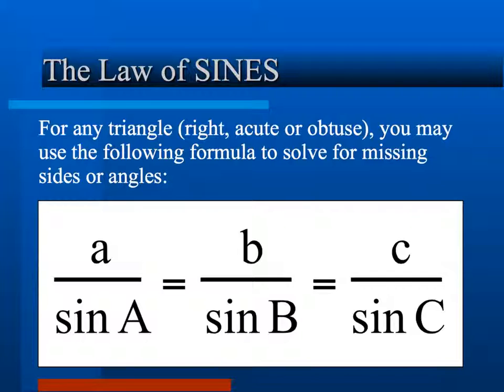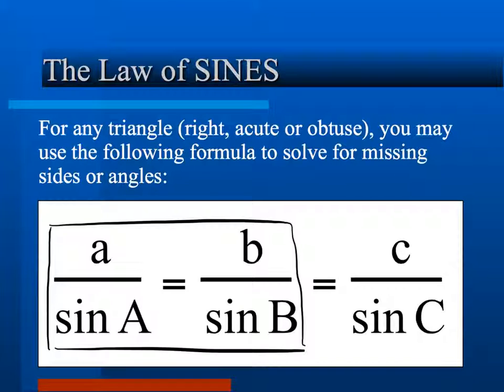So the law of sines is fairly simple mathematically. We are going to be looking at a proportion between the side and an angle of any two of these three fractions. So we need to have at least three of these components that I'm marking off right here.